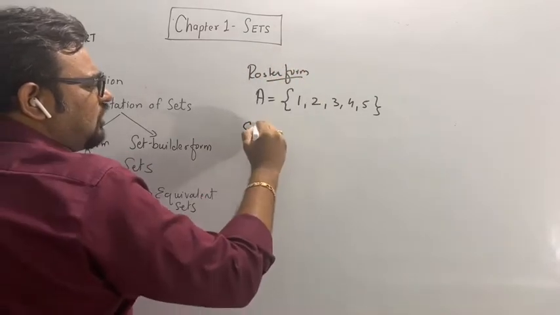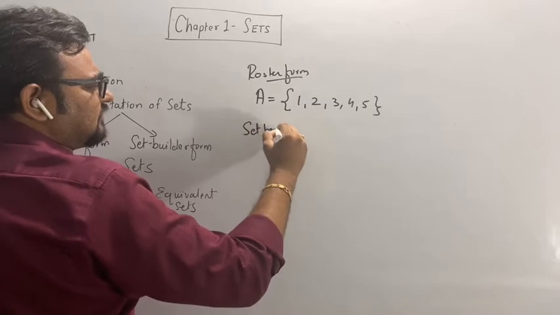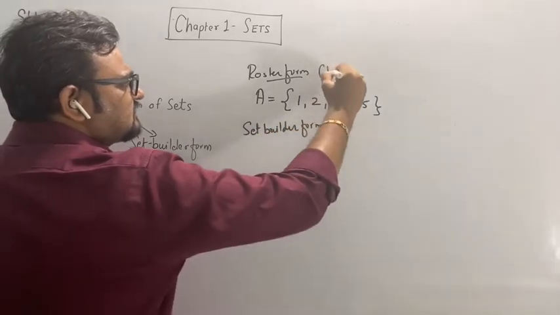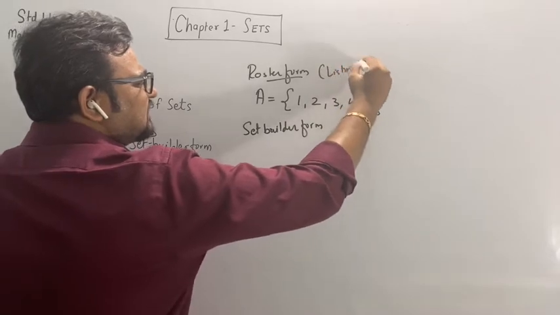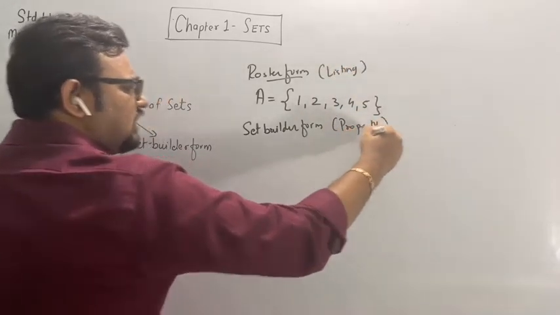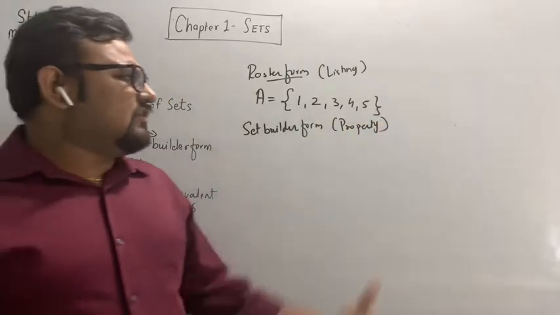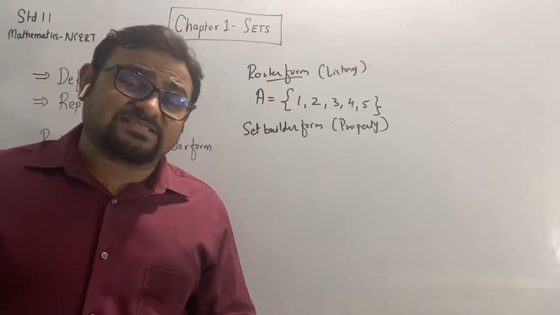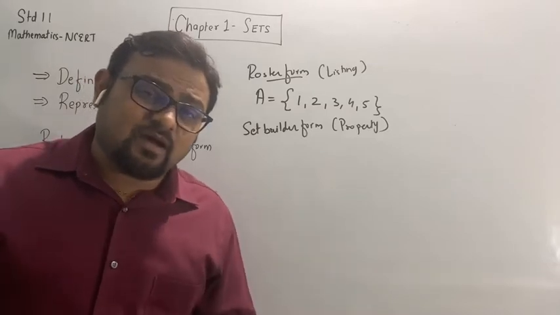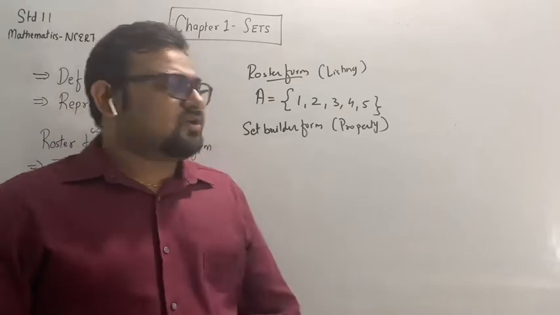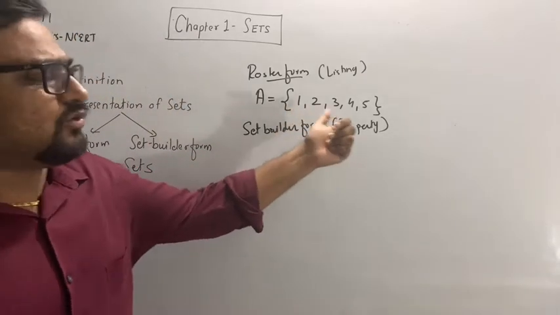The second one is set builder or property method. Here it's listing and here it's property. Now if I want to define these elements, then I can say natural numbers less than 6. Then it will obviously be 1, 2, 3, 4, 5.